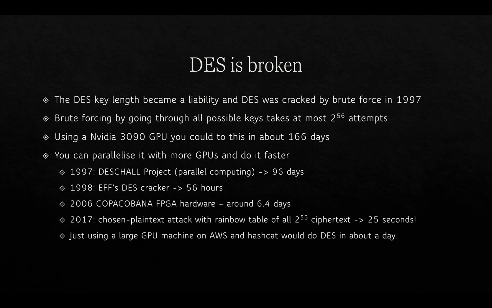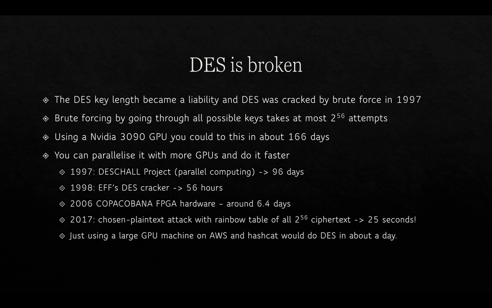Now, having said that, even with a reasonably powerful GPU, a graphics card, an NVIDIA 3090, although I know that all of you have gaming computers that have one of these cards in them, if you decided to crack a bit of encrypted text using DES, it would take you 166 days. However, add more GPUs and you can do it faster.